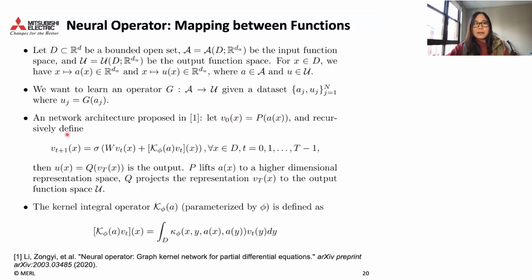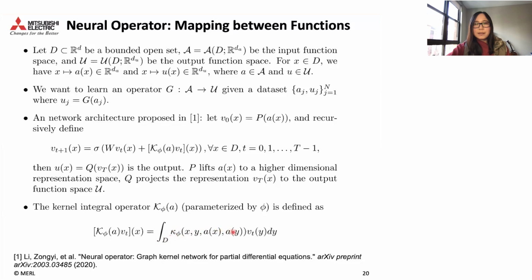And then recursively, we define the next layer to be, first, a direct matrix-vector multiplication component, both are linear, and then this is the kernel integration component, which is represented in this way.